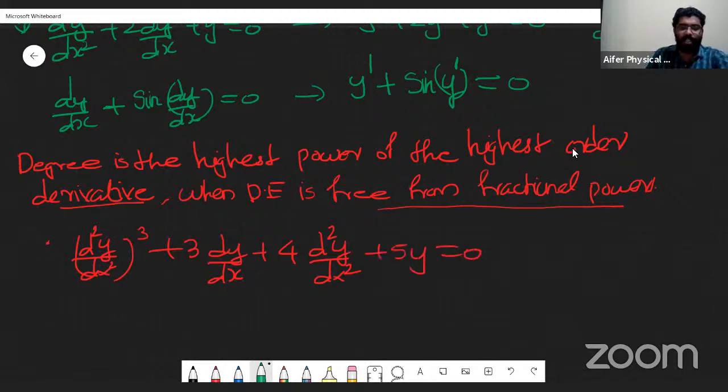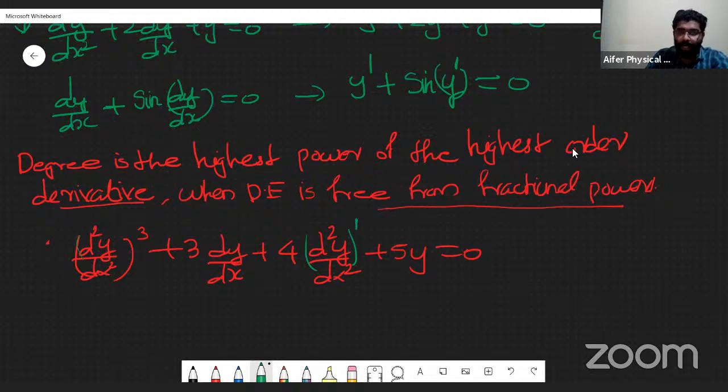Degree is the highest power of the highest order derivative. What is the highest order derivative? Here we have order 2. So highest power of the highest order derivative.